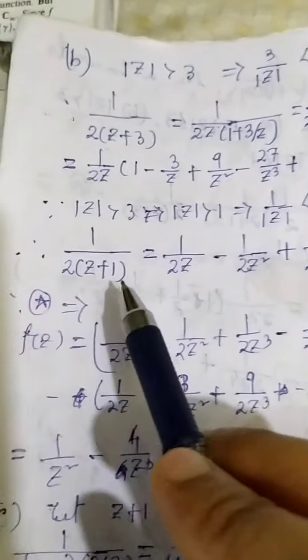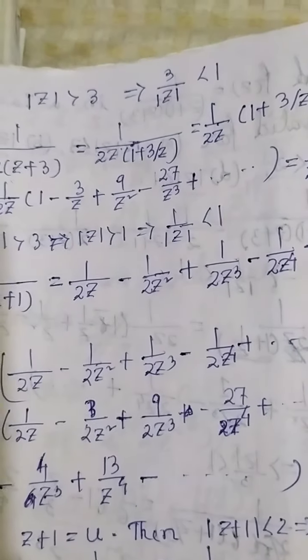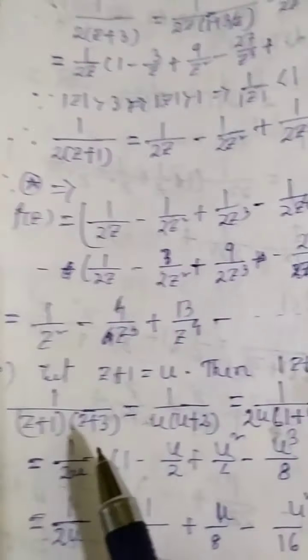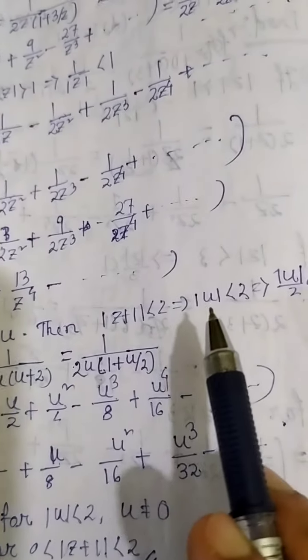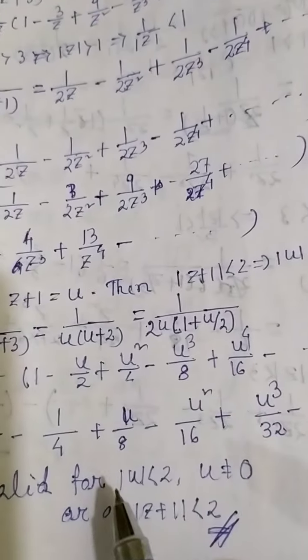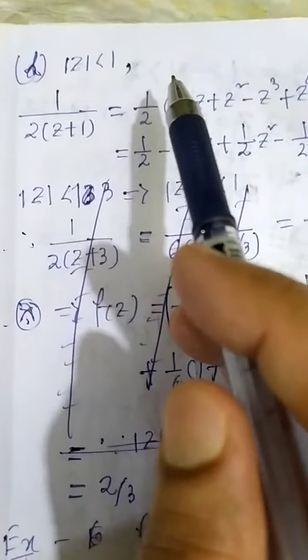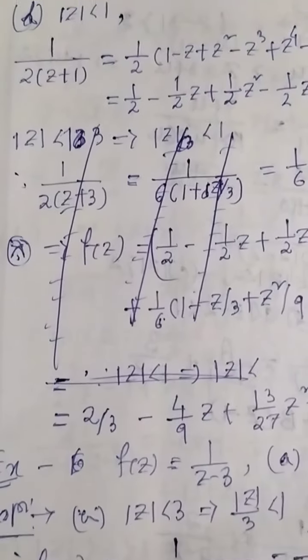So for z plus 1 we can have this expansion. Just put a value, exactly the same way, same condition, same cases are considered, same concept, mod of z is less than 1, we have to use this concept.